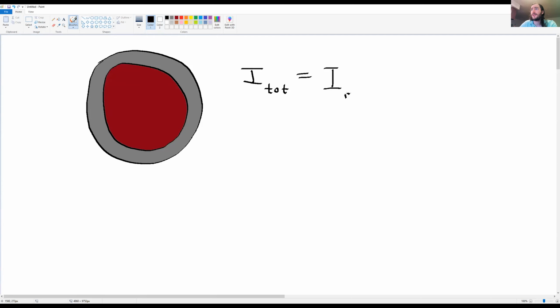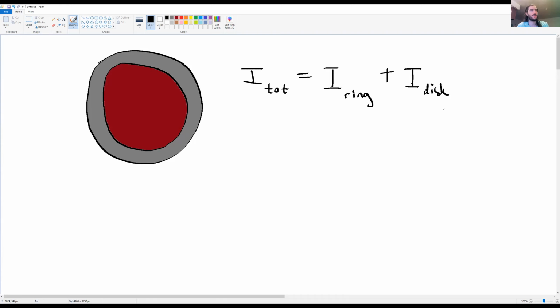So this might be the sum of a ring and a disc, plus that there. That's how you would adjust for a shape that's comprised of two different pieces.